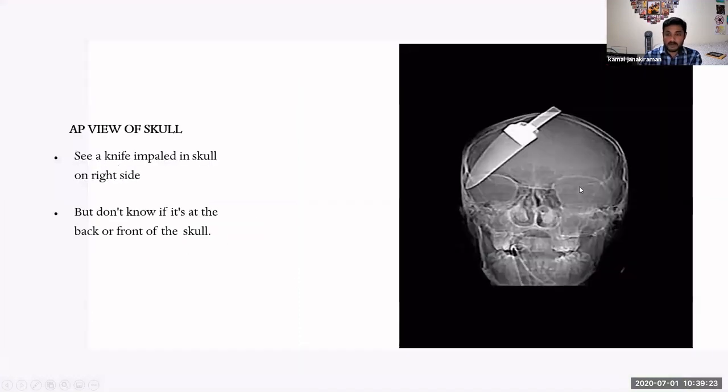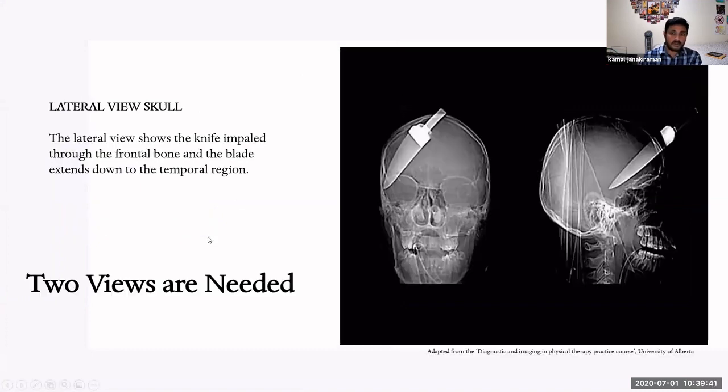Same thing, there's an example here. This is an AP view of a skull. You can see a knife impaling the skull on the right side. But it's very difficult to say whether it is in the back or the front of the skull with just one image.